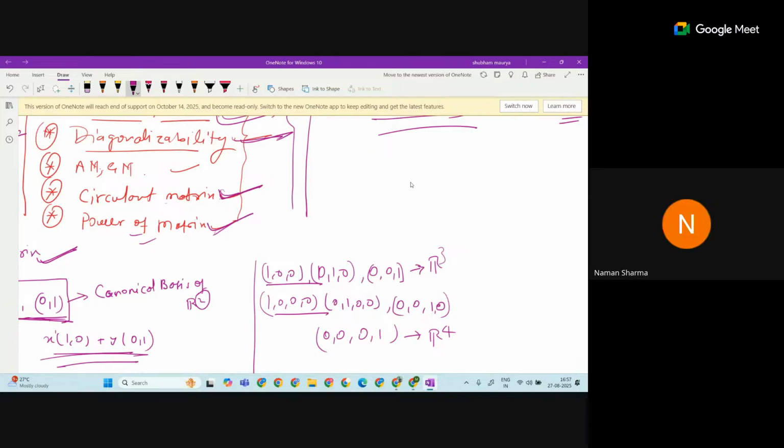Can you do that with a three variable example, like three variables, three equations, and then finding the vector? Yeah, we can do that easily, but it will take time. What do you want to understand?